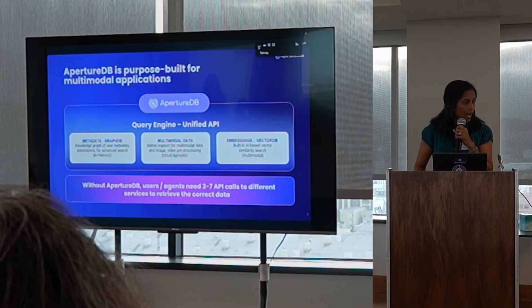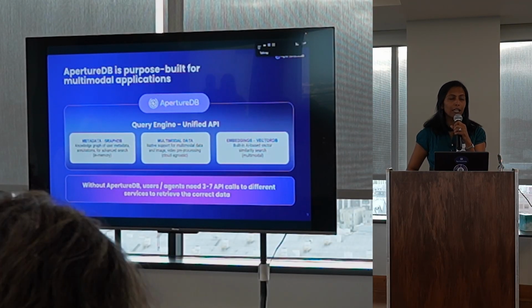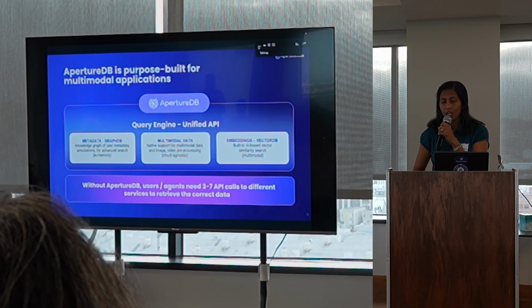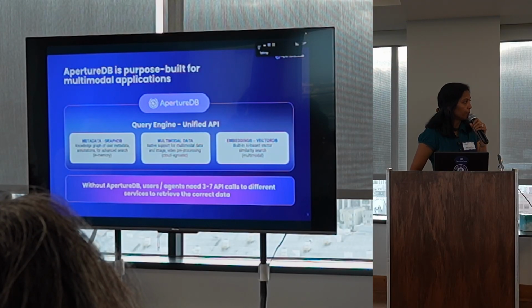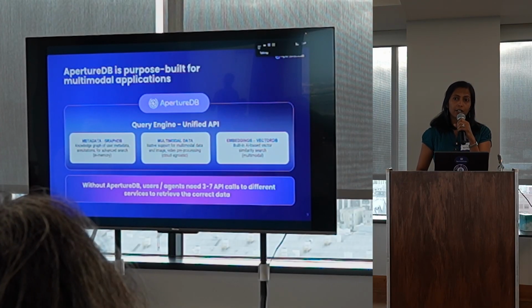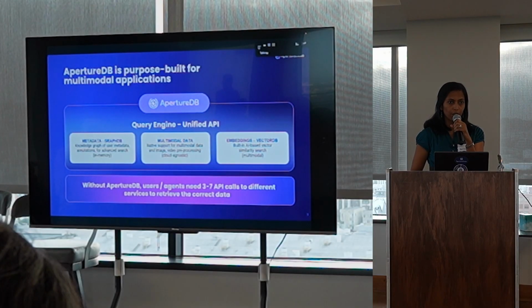And of course, none of the search and retrieval problems are complete if you don't enable semantic or similarity search on this data. So the third really key component is the ability to do vector search. You can index any dimensional feature vectors in ApertureDB and try out the different engines and distance metrics to find the data that you're looking for.